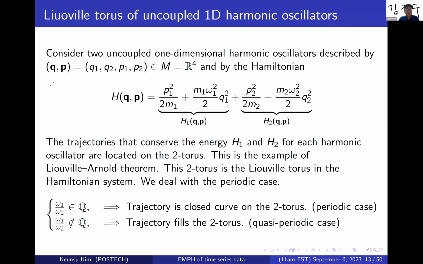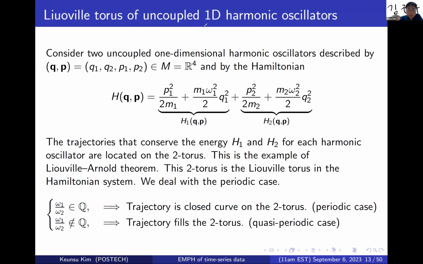For example, the picture is that there is a spring M1 and there is an independent spring. Uncoupled means they are independent. Then each Hamiltonian is described like this.